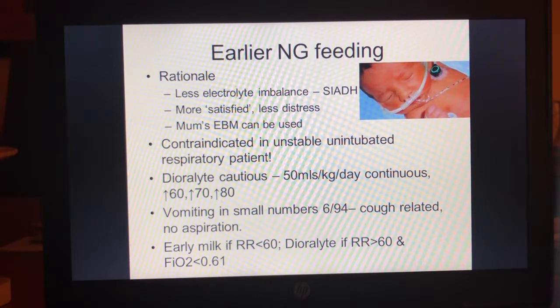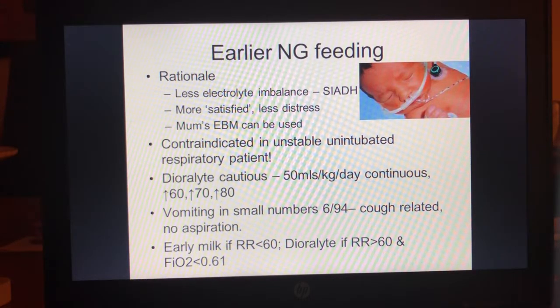Now, the problem we had was that when you look at most guidelines and what most people do, particularly in paediatric intensive care, for unstable, unintubated respiratory patients, they contraindicate the use of nasogastric feeding. And of course, that's exactly the group that we are looking at.